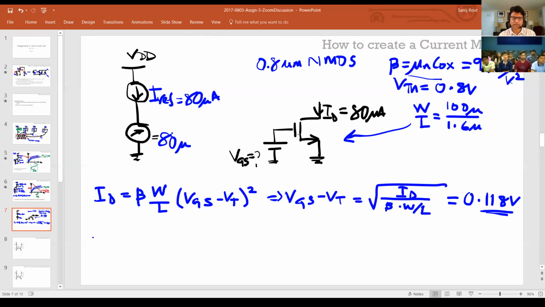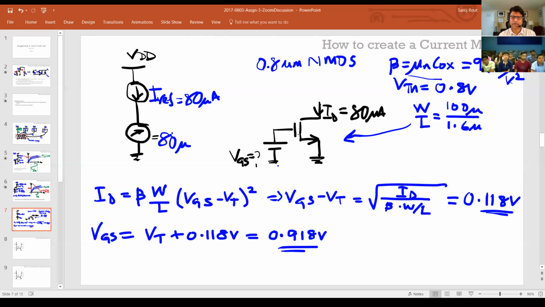So the VT is given as 0.8 volts. So VGS is VT plus 0.118 volts, which is equal to 0.918 volts, right?